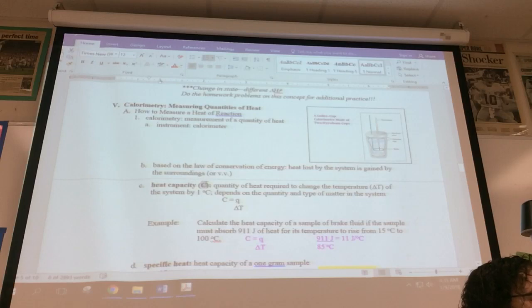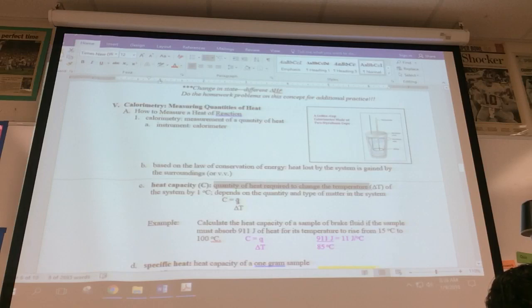Heat capacity is abbreviated with a capital C. Be careful there. Heat capacity, capital C, specific heat, lowercase c. So clear handwriting here so that you don't have an issue. This is the quantity of heat required to change the temperature. Change in temperature is delta T of the system by 1 degree Celsius. It depends on the quantity as well as the type of matter, and it is calculated.